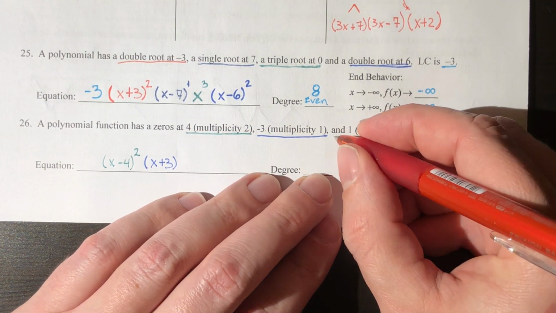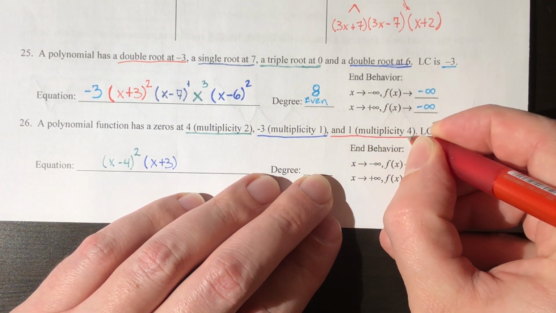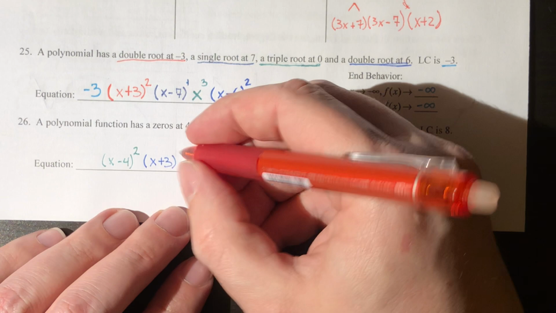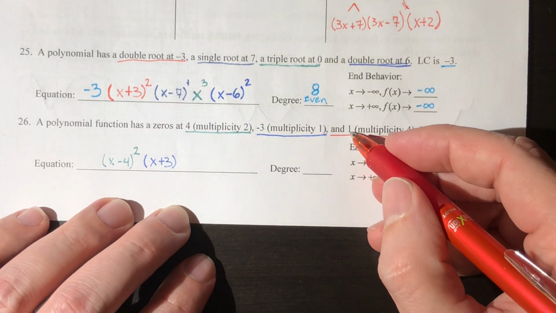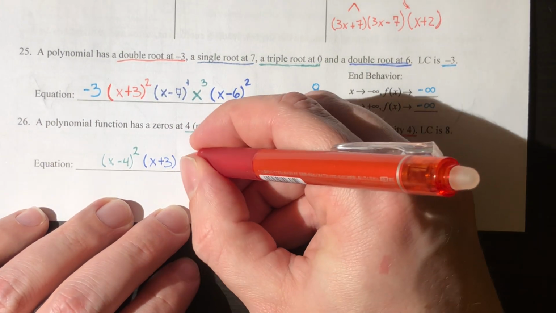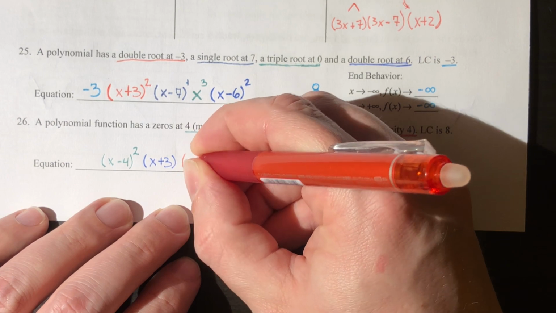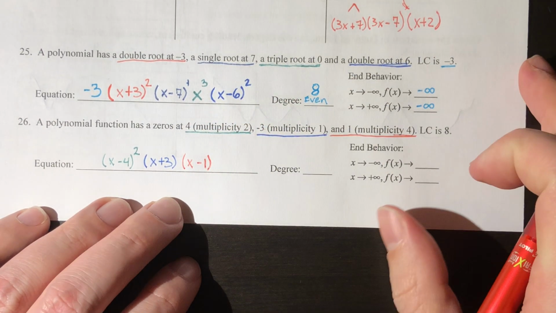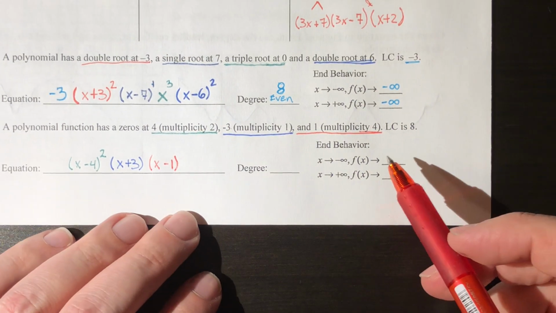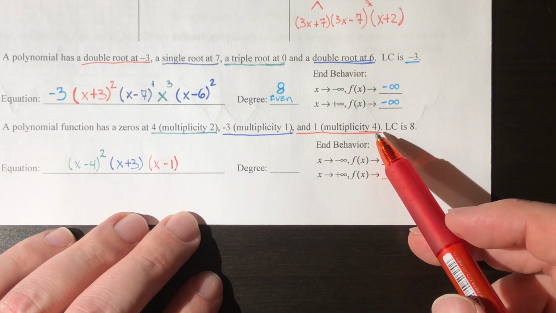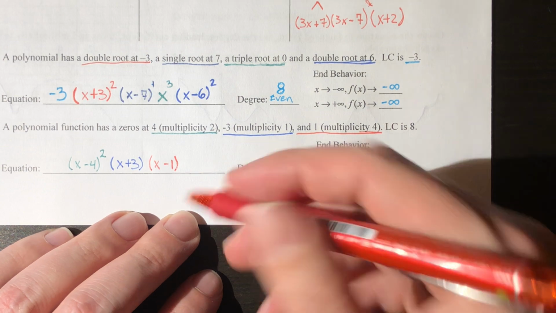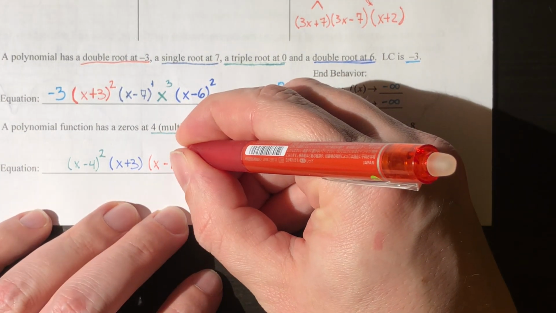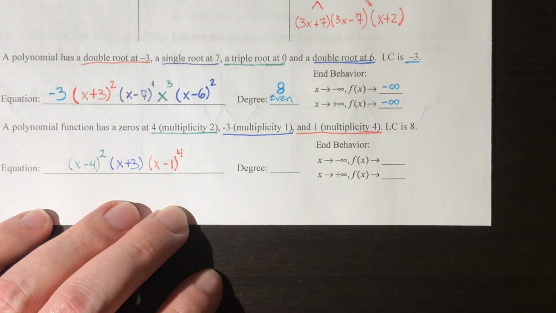We then have a 0 at 1 with a multiplicity of 4. To get a 0 at positive 1, that factor is going to be x minus 1. We haven't talked a whole lot about multiplicities greater than 3, but a multiplicity of 4 just means my exponent on that needs to be a 4.